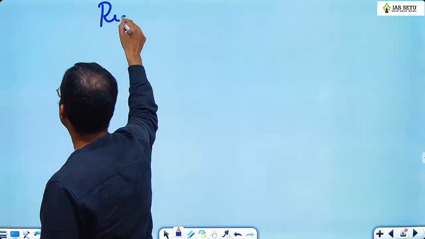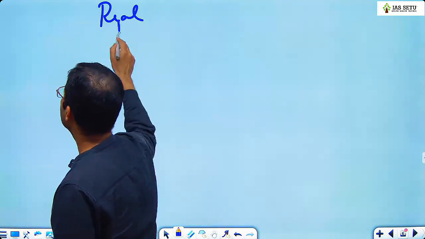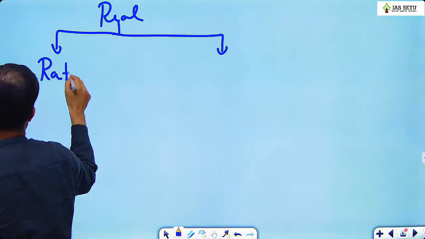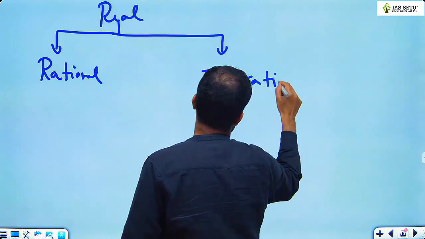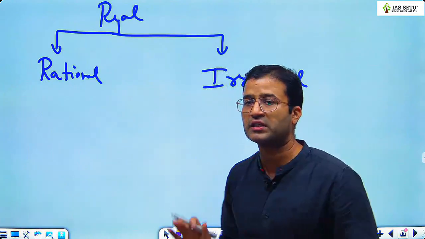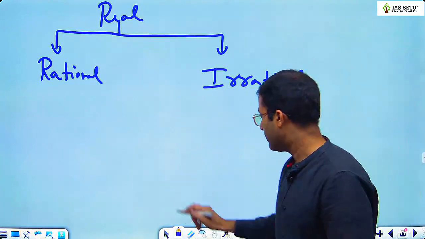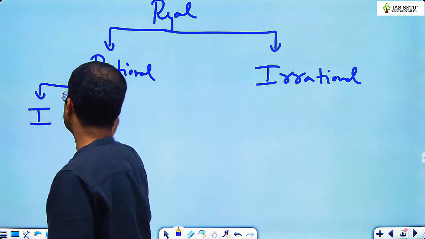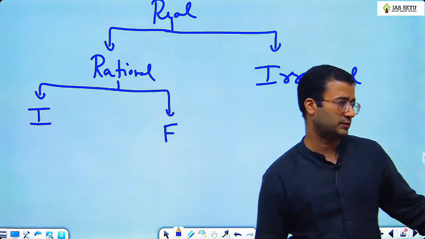Now here, I repeat, real numbers, forget imaginary, or minus under root -1. Real numbers we divide into two parts, rational and irrational. How do I understand irrational? Which are not rational, first thing. And with examples √2, √3, pi. Then we come to rational numbers. Rational numbers we further divide into integers and fractions.